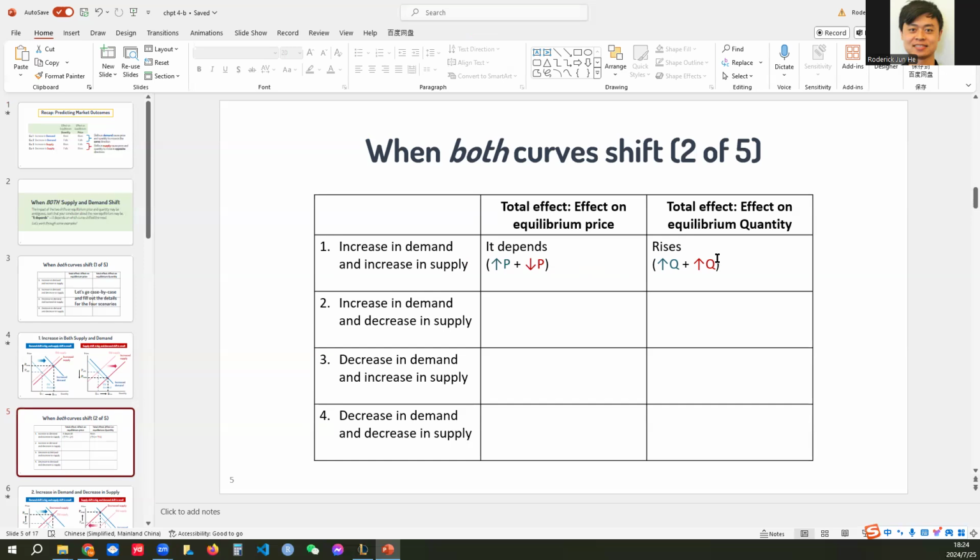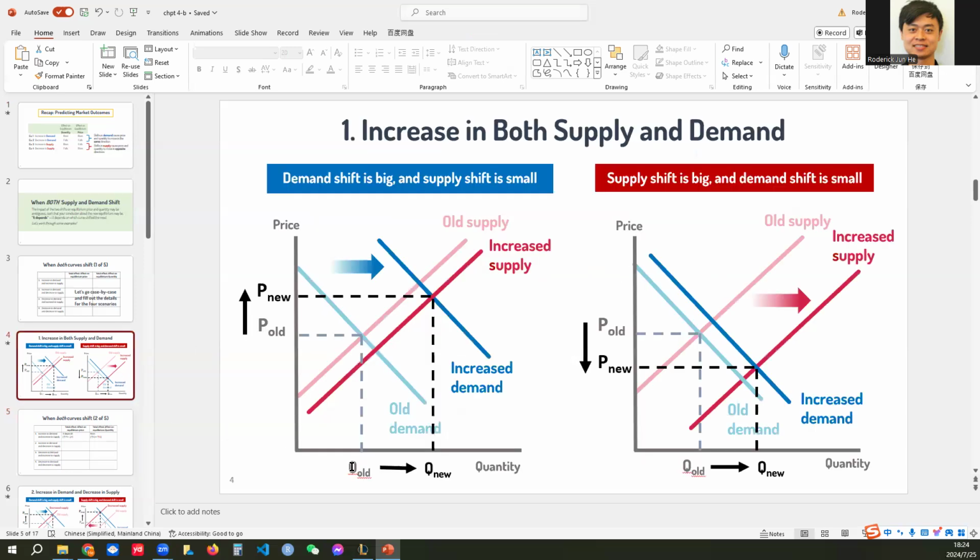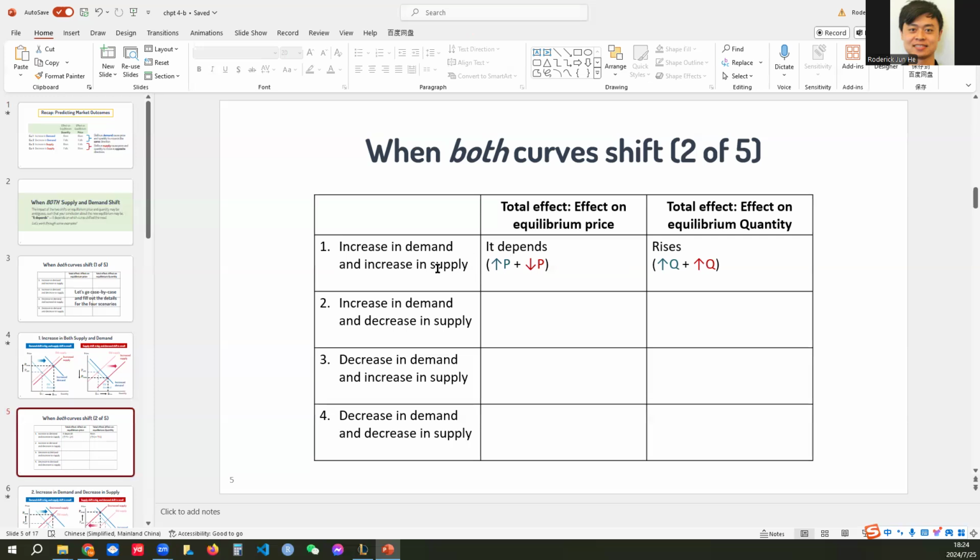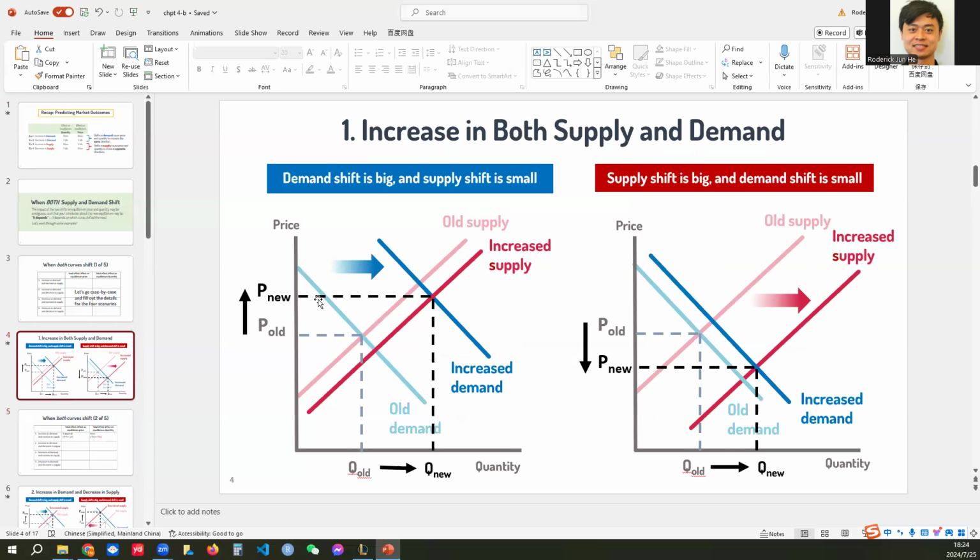So now look at those. In quantity, both shifts will cause the quantity to increase. Then for sure, no matter which shift is of a greater magnitude, the new quantity will definitely be greater than the old quantity. Now let's look at the price. An increase in demand causes the price to increase.